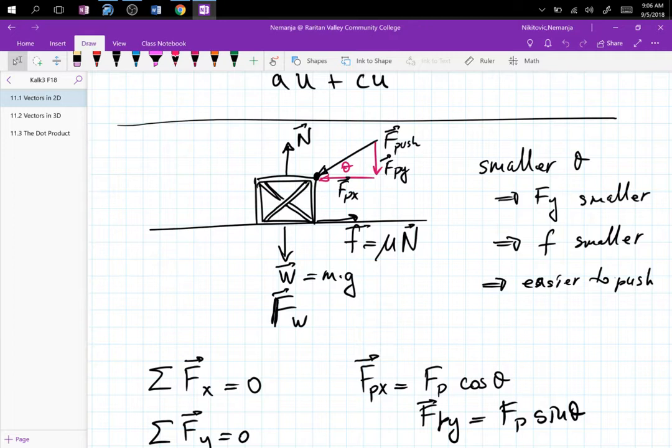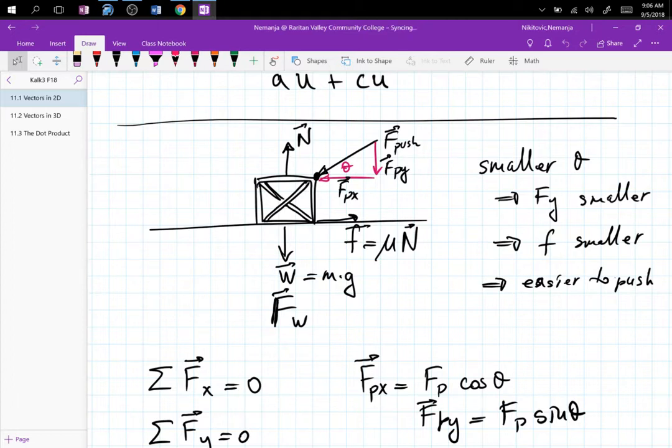Looking at the diagram, if I lean onto the object, the force with which I am pushing gets decomposed into a vertical force, which pushes the object down, making it heavier. Heavier object, more normal force, more friction, and the friction is opposing my push.